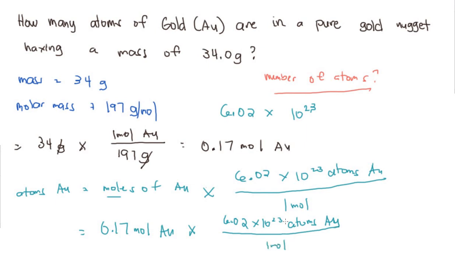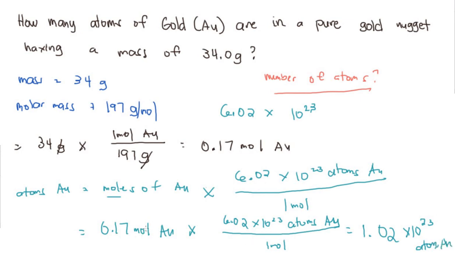To solve this, we have 0.17 multiplied by 6.02 times 10 raised to 23rd, and the answer is 1.02 times 10 raised to 23rd atoms of Au.